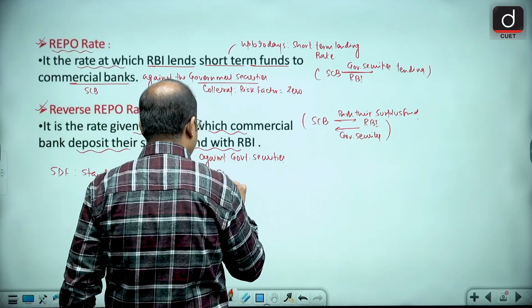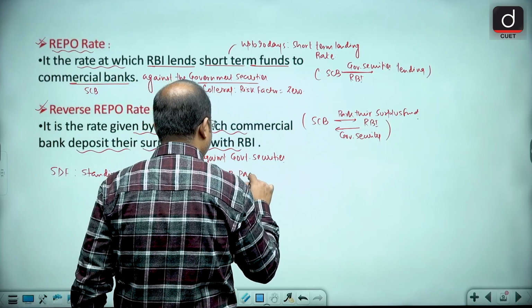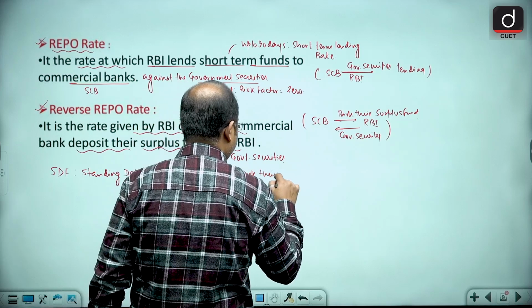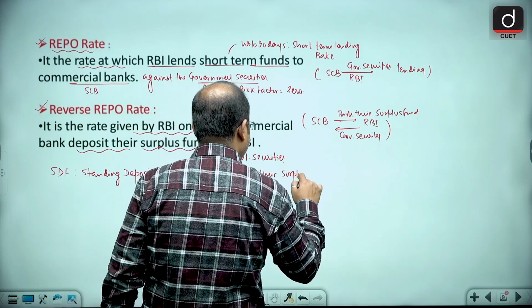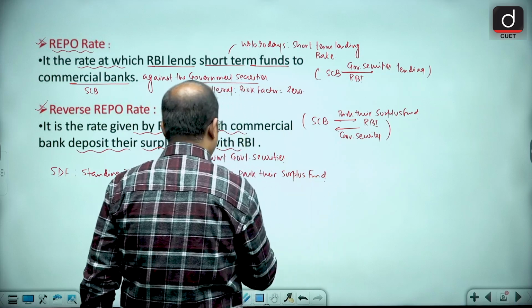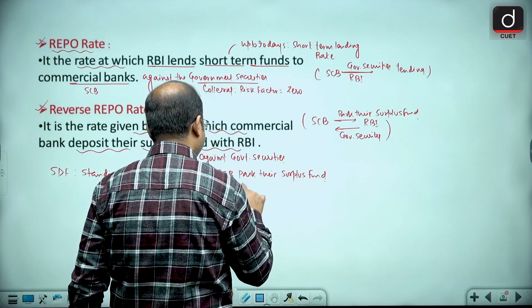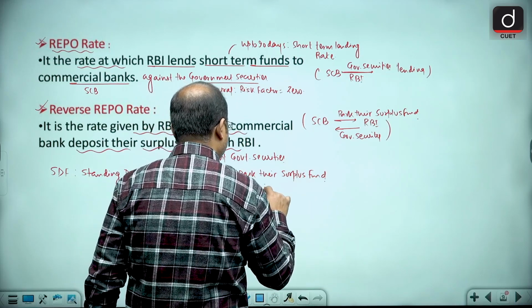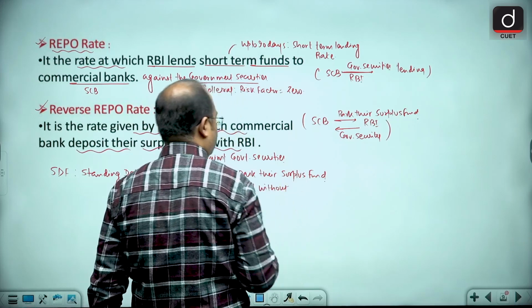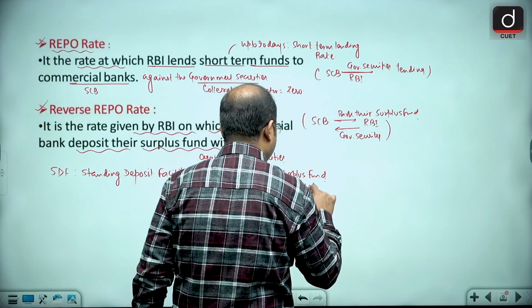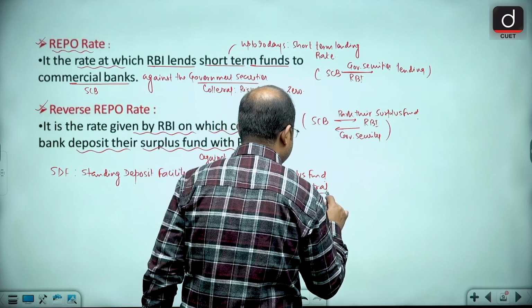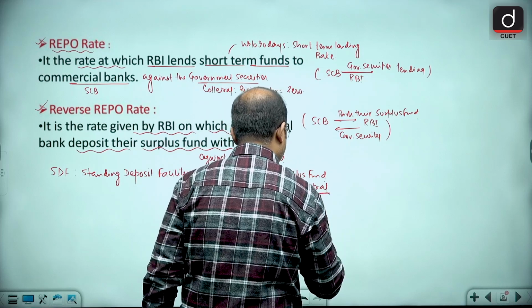Here scheduled commercial banks park their surplus fund with RBI without collateral. Without collateral means without government securities.